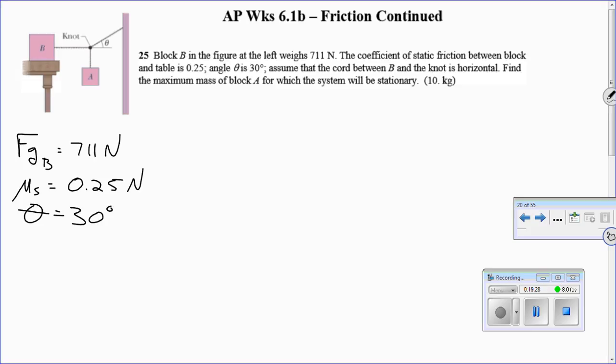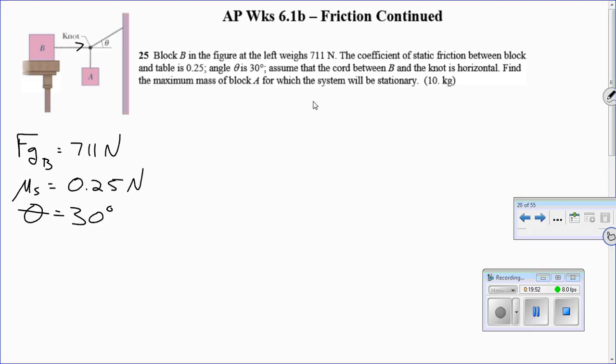This is just me writing out my givens. I start every single problem this way. Assume that the cord between B and the knot is horizontal. We have to find the maximum mass of block A for which the system will be stationary. So, thoughts about where to start?